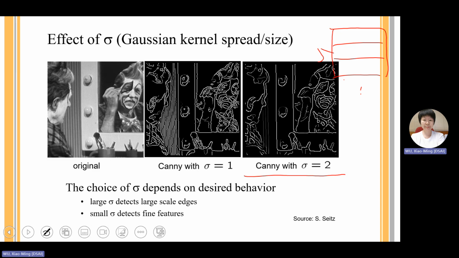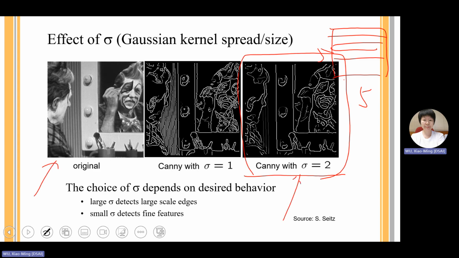Example, 5x5 filters. If you apply a larger kernel Gaussian filter over the image, this is what you will get. This is the input.